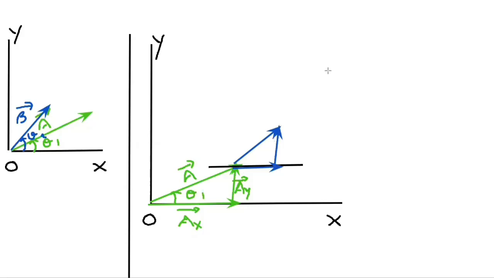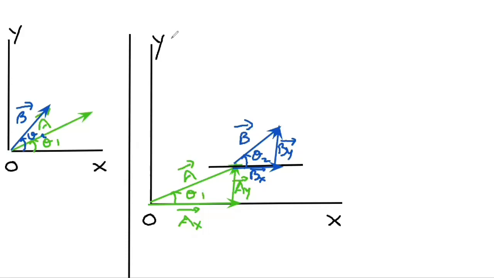The length of vector B must be same as the length in the previous figure. This is vector B, this is x component, vector BX, and this is y component, vector BY. Vector B is making an angle theta 2. The value of theta 2 must be same as the value of theta 2 in the first figure.